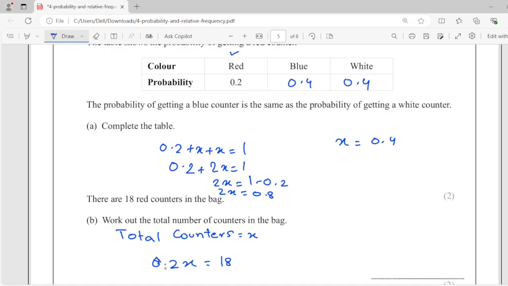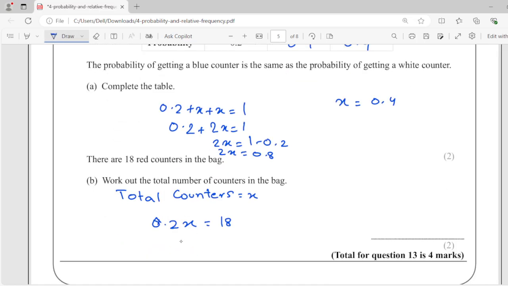So 0.2 of however many counters there are is 18. So total counters are 18 over 0.2, which is 90. There are 90 counters in the bag.